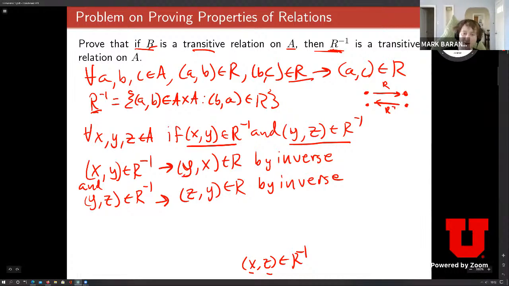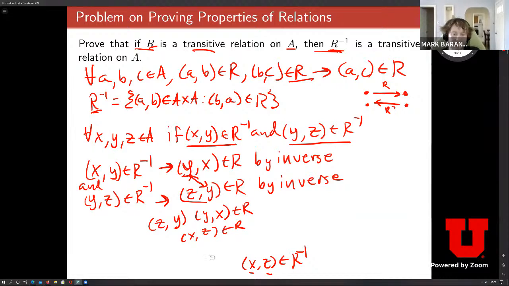So that's close. We have this middle element right here, right? So we have zy from here and yx both in R. And by transitivity, we can say that zx is in R. And this is in R by the definition of the inverse relation.